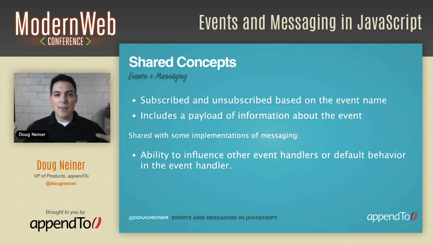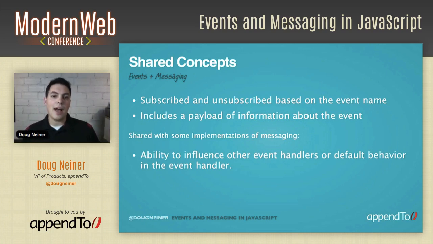Okay, so I'm coming into this talk with the understanding you've probably been using events for a while in your JavaScript code. You've been binding to clicks and mouse overs and all these things to wire up your user interface. So I'm going to just talk about some shared concepts, because some of those same concepts you're using will transition when we talk about messaging later in the talk. The fact that it's subscribed and unsubscribed based on the event name, that will carry directly over.